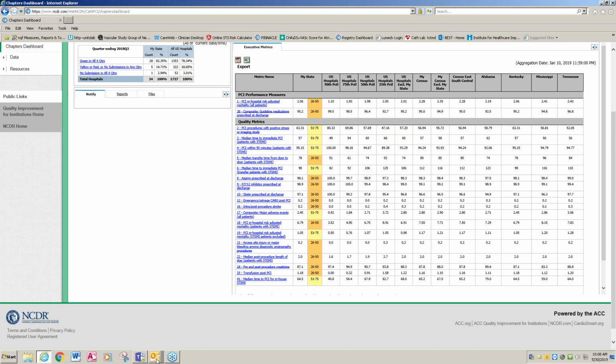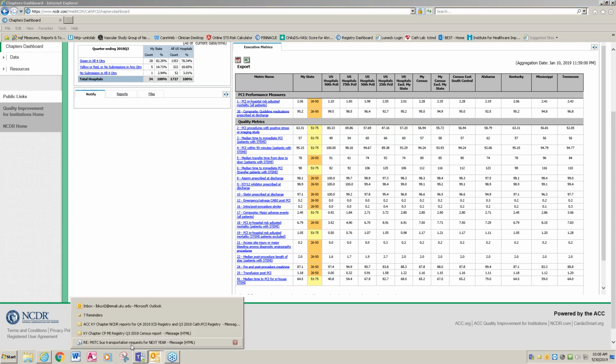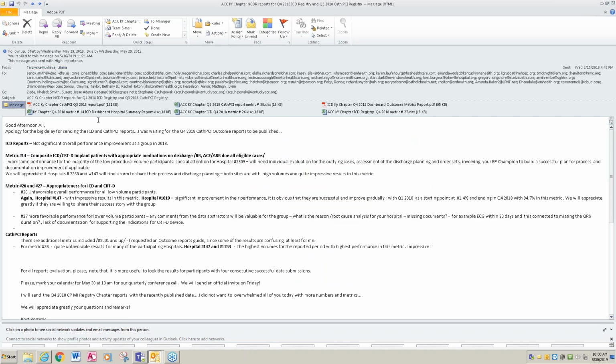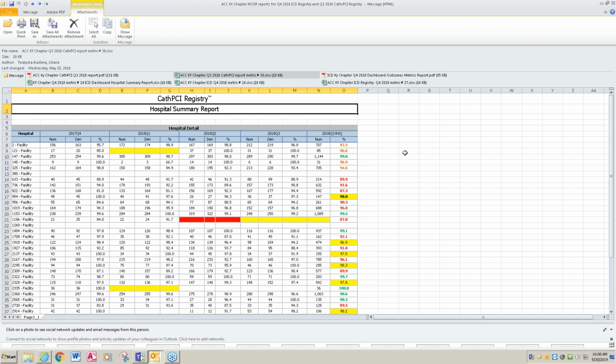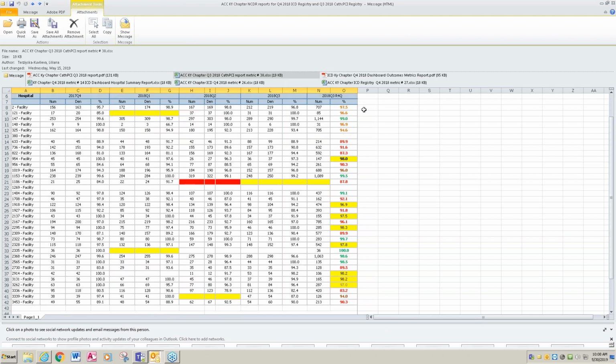Let's look at this data for medications for metric 38. I sent the data to you with the report.